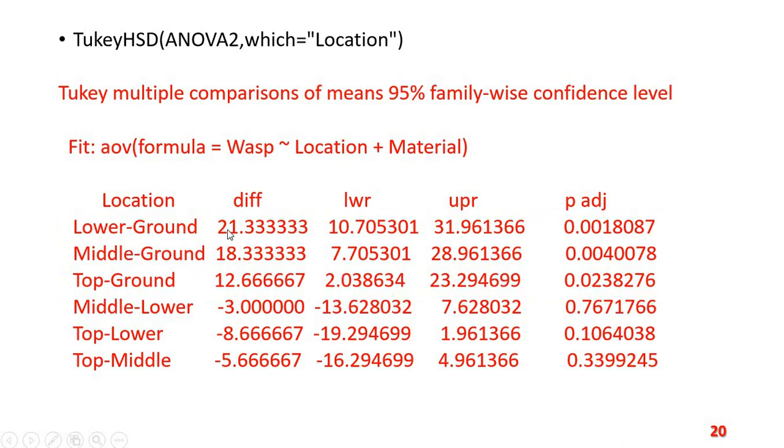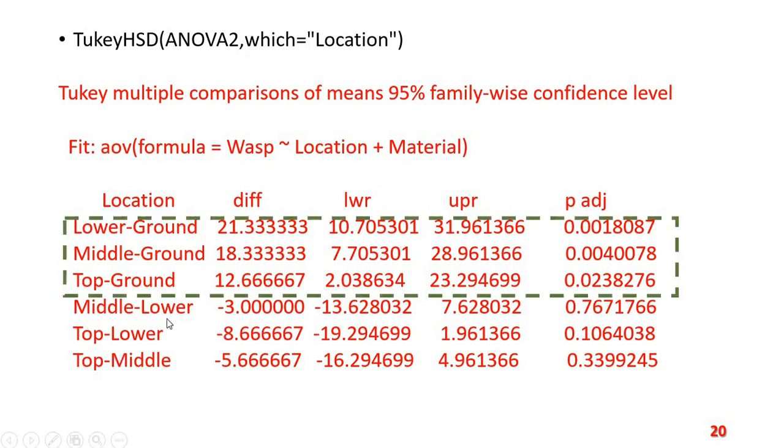And as you can see, here all the differences are positive, which indicates that ground has the minimum number of catch compared to lower, compared to middle, compared to top, and in all the cases the difference is significant. The difference is not significant between lower and middle, top and lower, and top and middle. So obviously ground should be avoided if you want to catch more wasps, because ground is significantly lower than all others. So this is what we understand from this test.